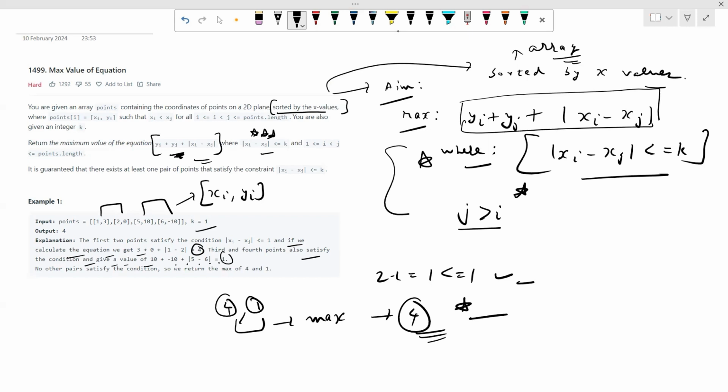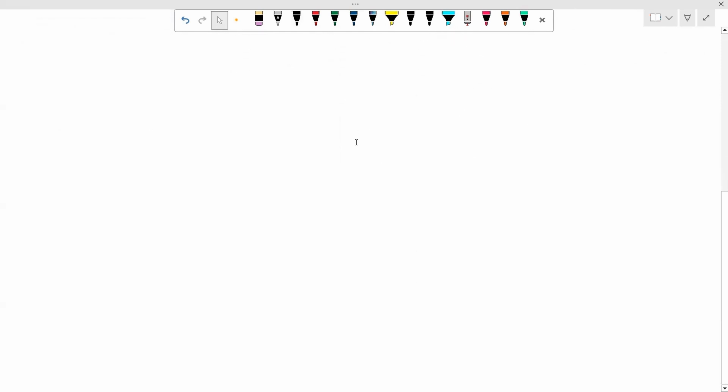So now let's jump into the approach and try to figure out how we can solve this question. First of all, let's talk about the brute force approach.